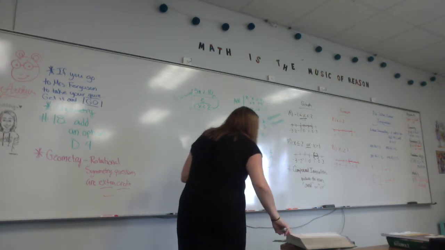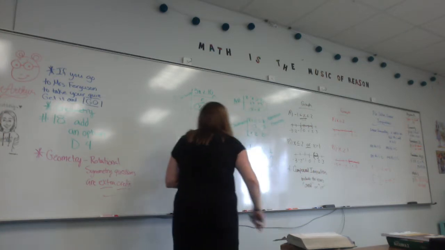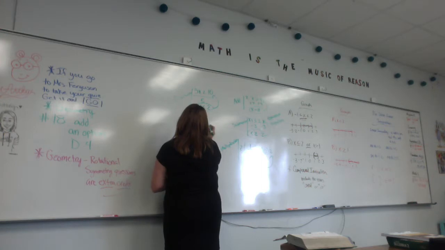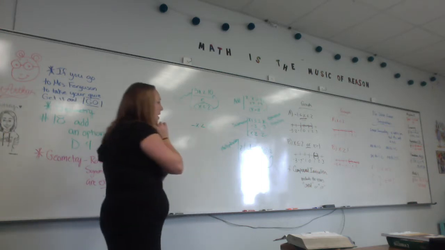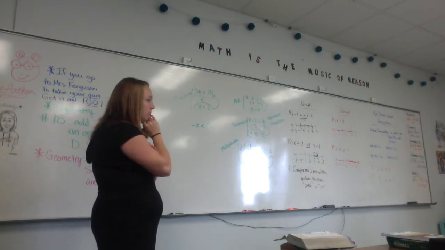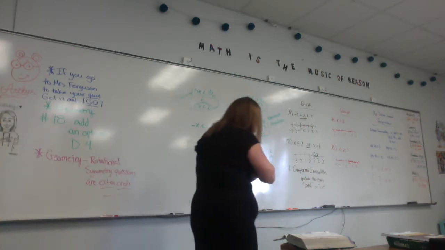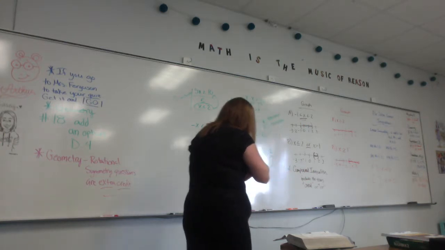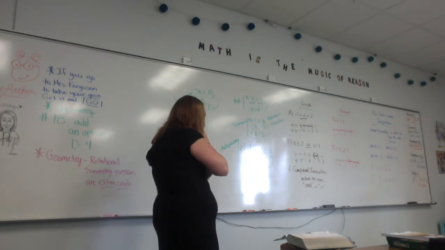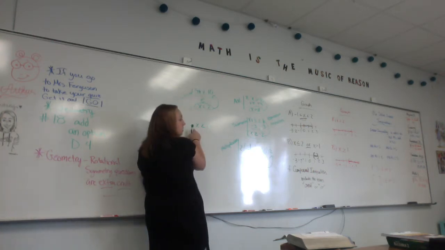What happens if I get this? Negative x is less than 17. What do you have to do to get x by itself there? What's technically in front of this x?